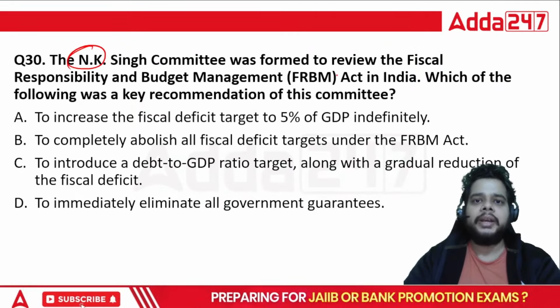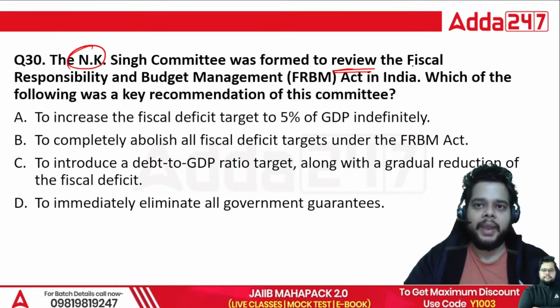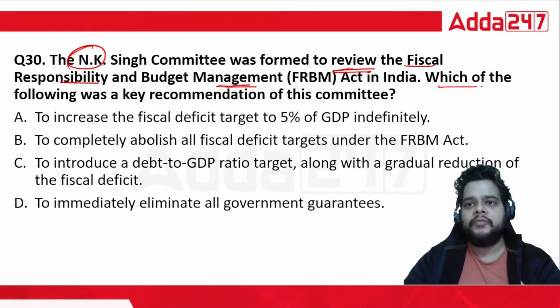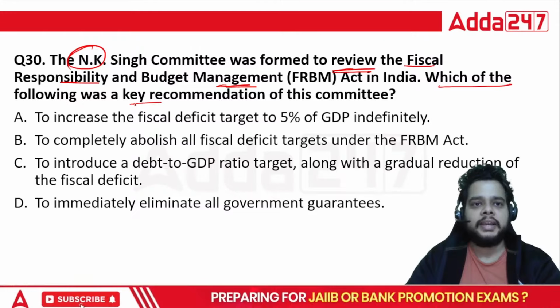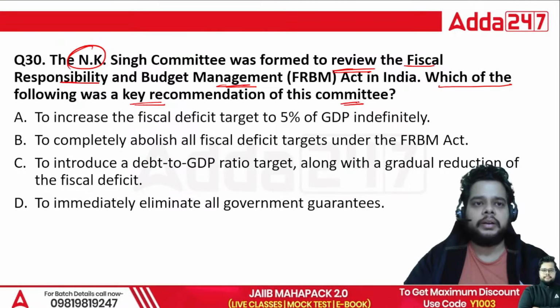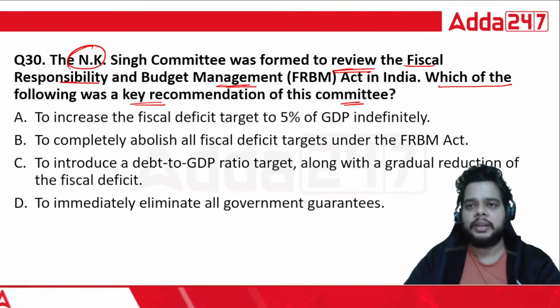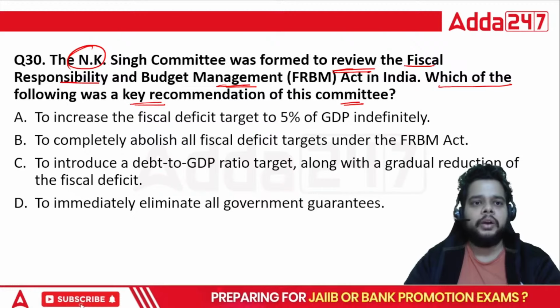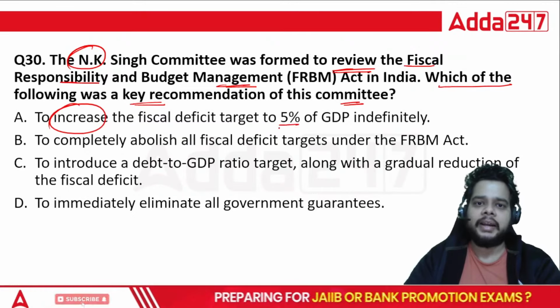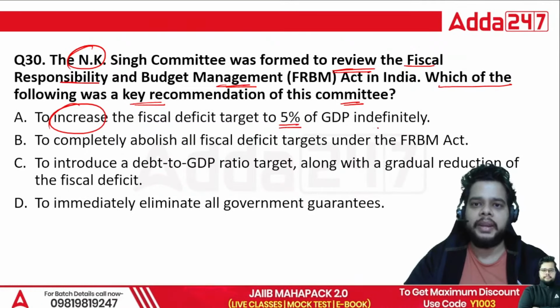The Committee was formed to review the FRBM Act, that is the Fiscal Responsibility and Budget Management Act in India. Which of the following was a key recommendation of this committee? So always remember, the committee gave three major recommendations. All these three are important for the exam. To increase the fiscal deficit target to 5% of GDP indefinitely?